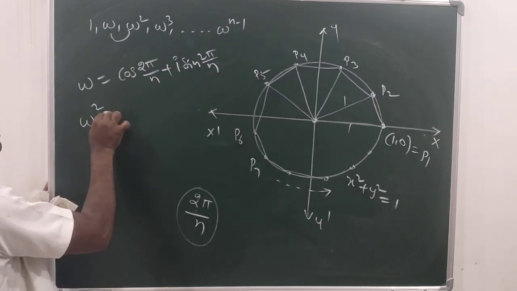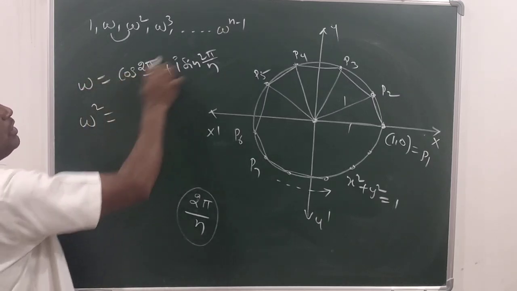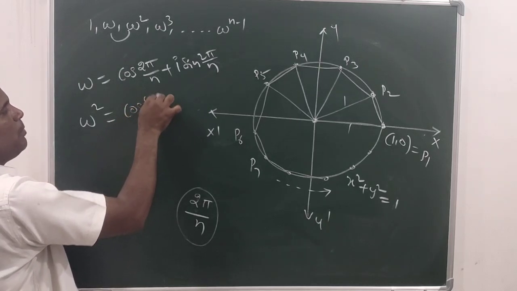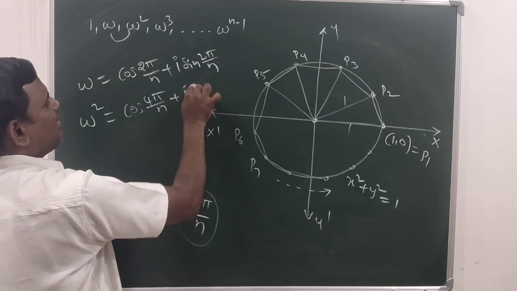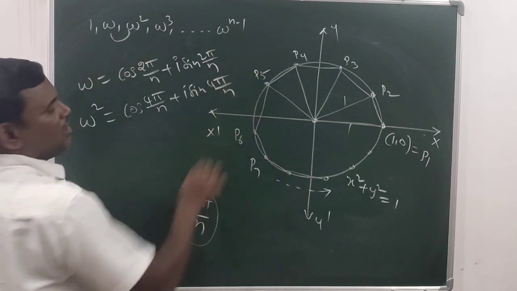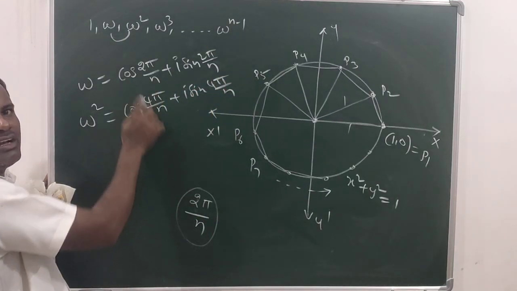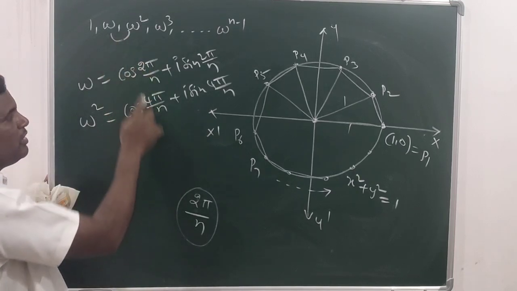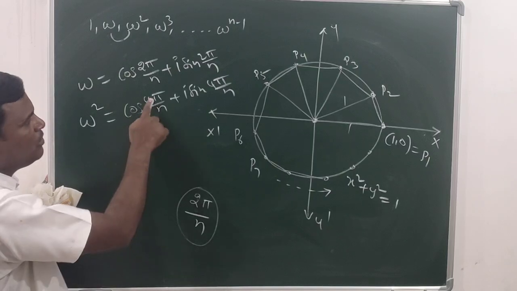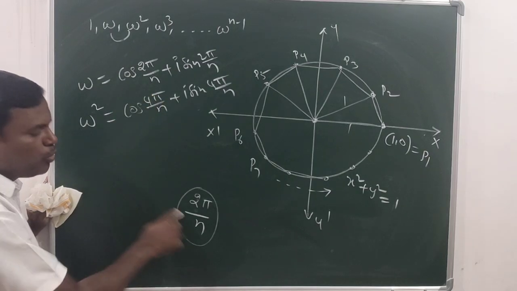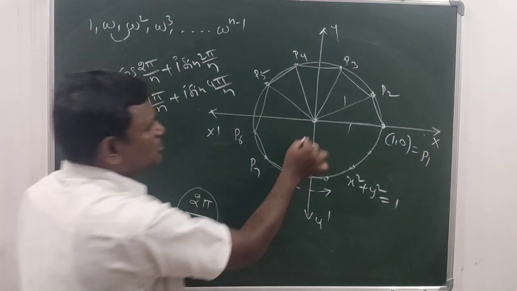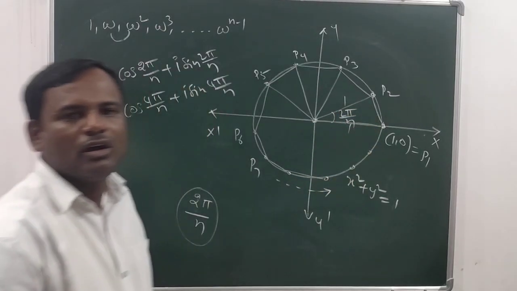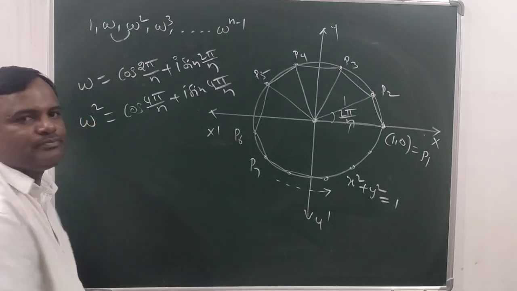For omega square, you have to apply De Moivre's theorem, so that here you will get cos 4 pi by n plus i sin 4 pi by n. Now observe the argument difference. These two are successive roots. Then their argument difference will be 4 pi by n minus 2 pi by n, which is 2 pi by n. So here also this angle will be 2 pi by n.